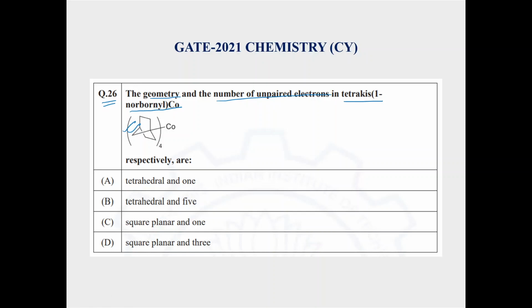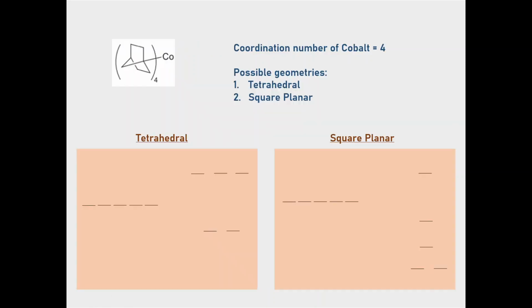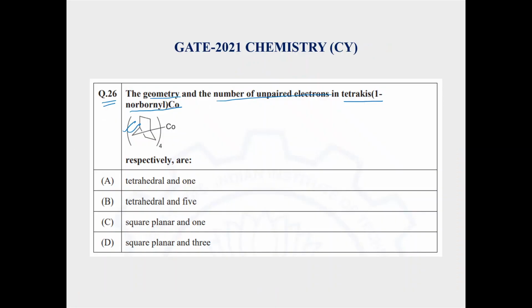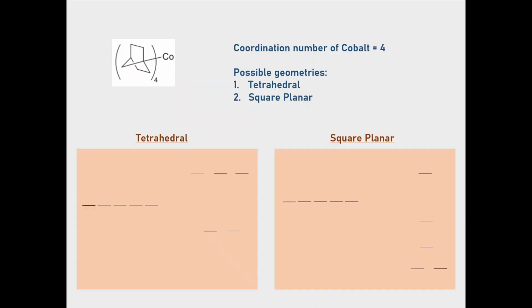So, as in the previous case, we know that here the metal is coordinated to how many ligands? So the possible geometries are tetrahedral and square planar. In this case also, it is the same as I have shown there.